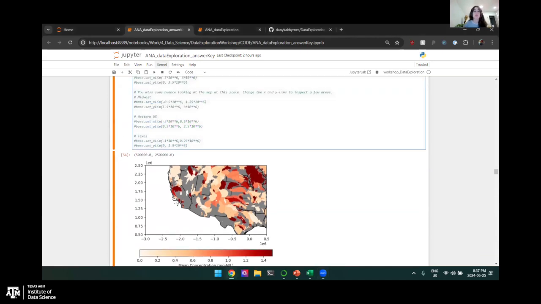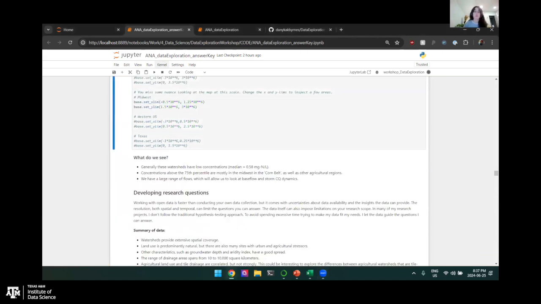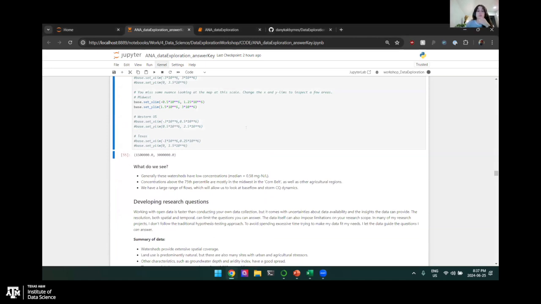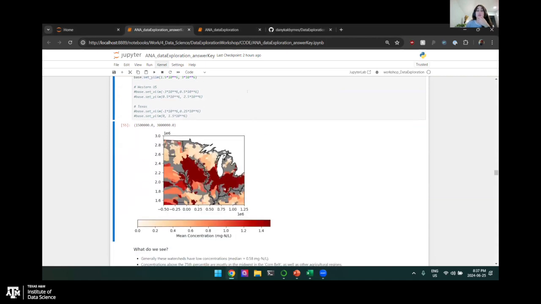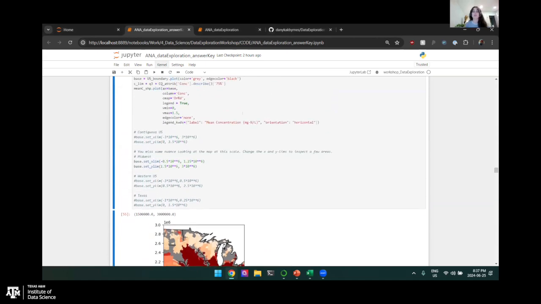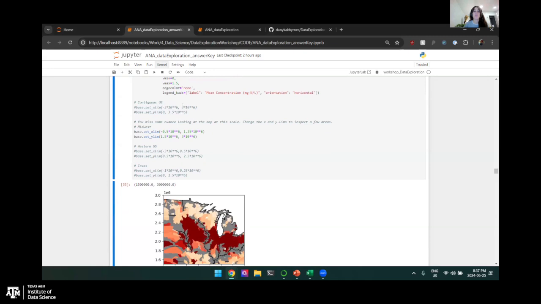Let's look at the Midwest, for example, though. They are all above 1.4, which is the median concentration or the 75th percentile concentration.